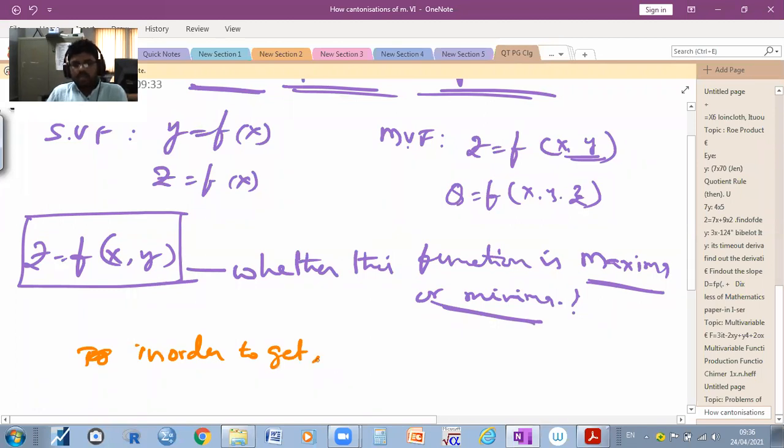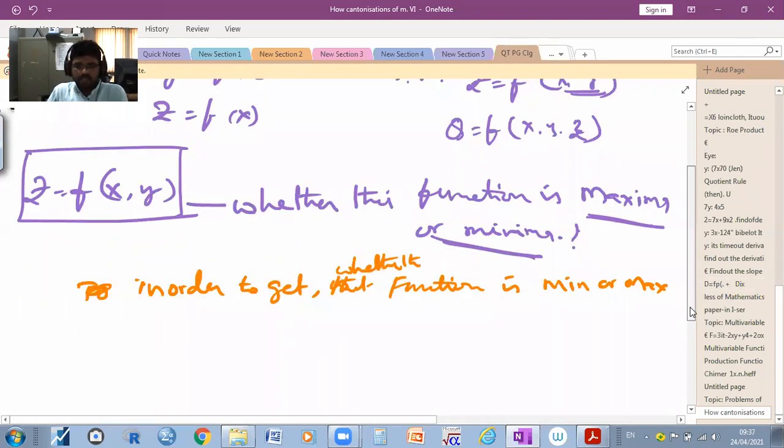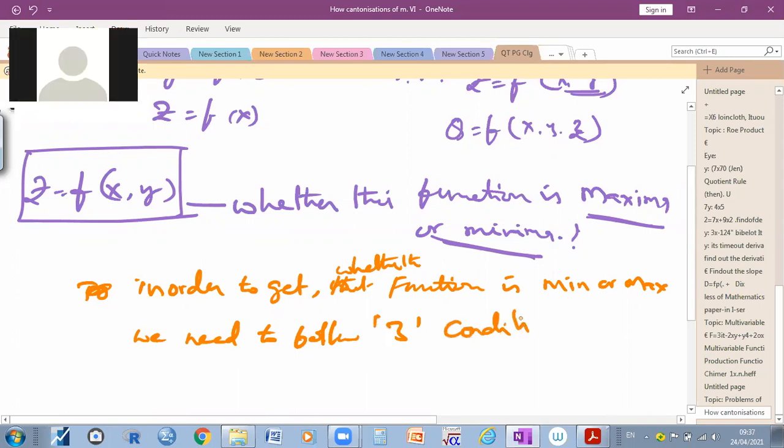In order to get whether the function is minima or maxima, we need to follow certain conditions.